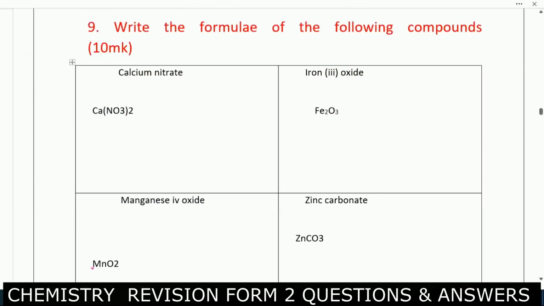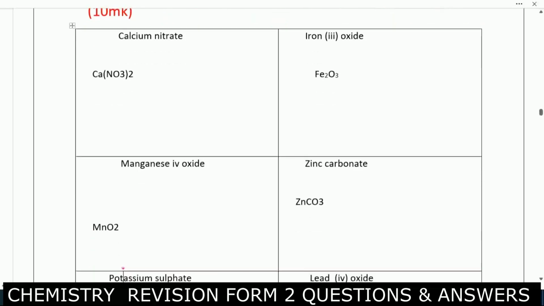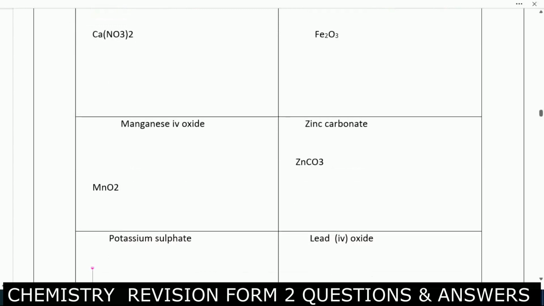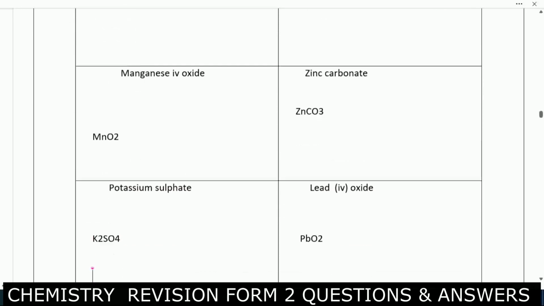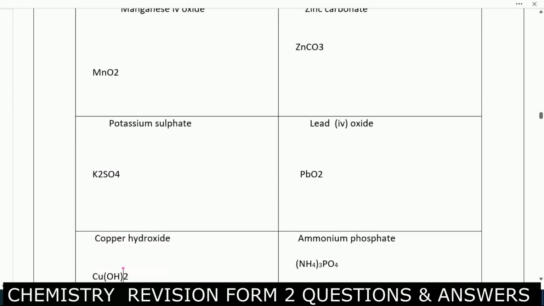Number 9, write the formula of the following compounds. Calcium nitrate, this is how it is written. Iron 2 oxide, that is how it is written. Manganese 4 oxide. Zinc carbonate. Potassium sulfate.